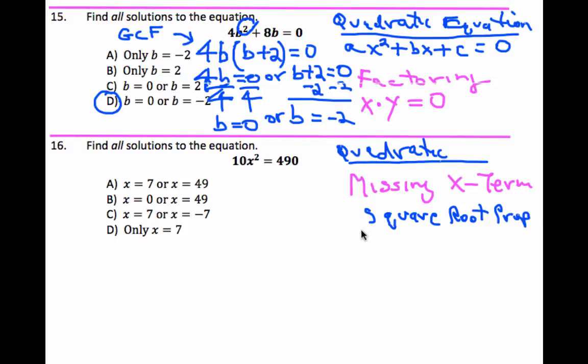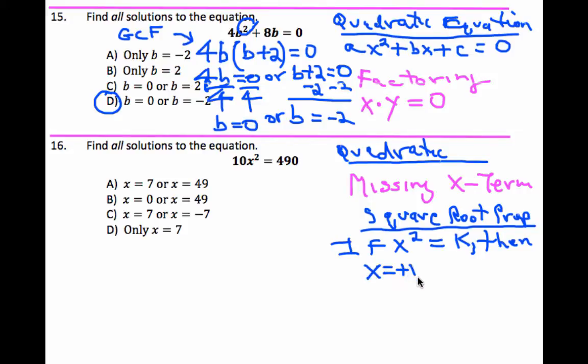The square root property states the following. If x squared equals some number k, then when we solve for x, x equals either positive the square root of k, or x equals negative the square root of k.